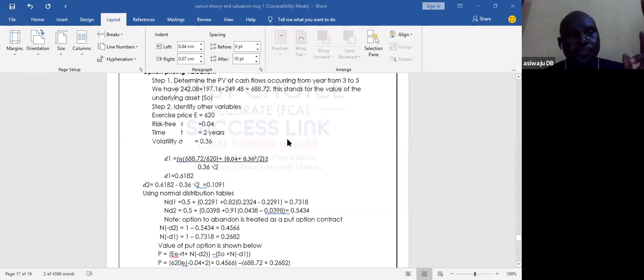Recall, we said the option to abandon is treated as a put option contract. So we are going to calculate the value of a put option contract. We start with your D1.